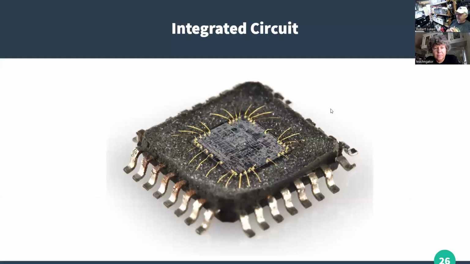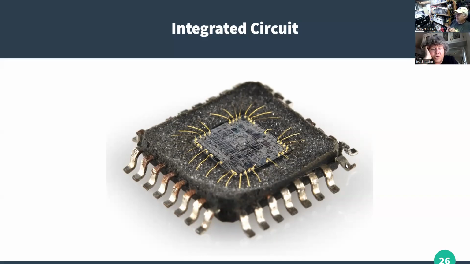This is what one of them looks like with the cover removed. You can see this black square is a piece of silicon, and all those little things look like houses and farms. Those are transistor arrays and memory and all sorts of things. And you see the shiny things, those are all gold wires that connect to various points and then connect out to these external leads.